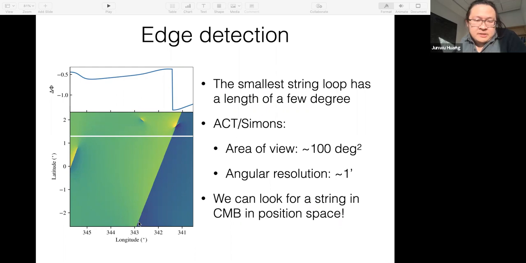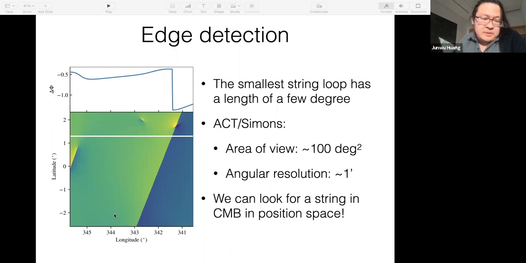Here you can see a clear edge which comes from a very long string existing in the universe, with a curvature radius comparable to the Hubble scale today. Strings with such a large curvature radius will be straight on these smaller angular scales, and even on angular scales of 10 degrees or a few 100 degrees.